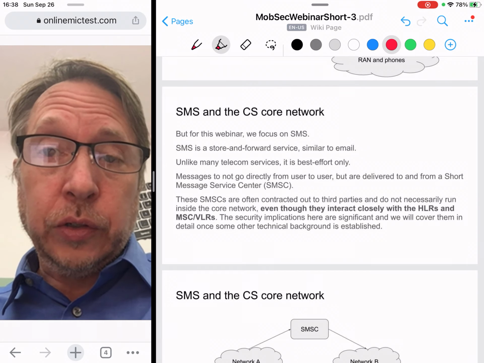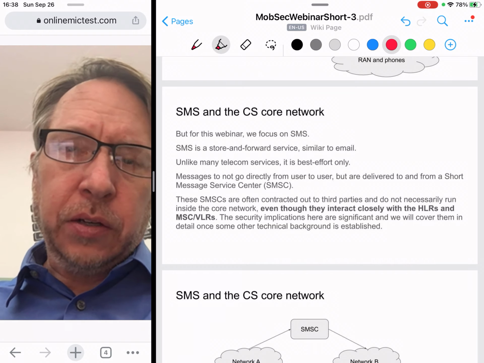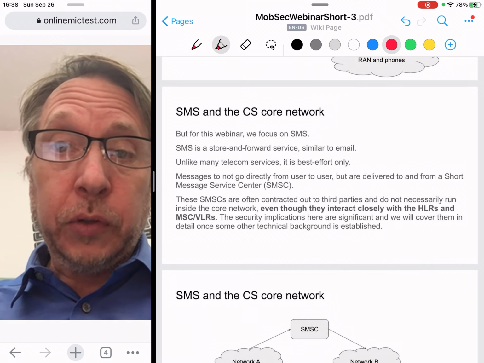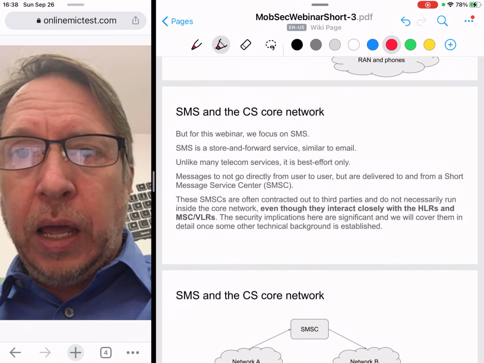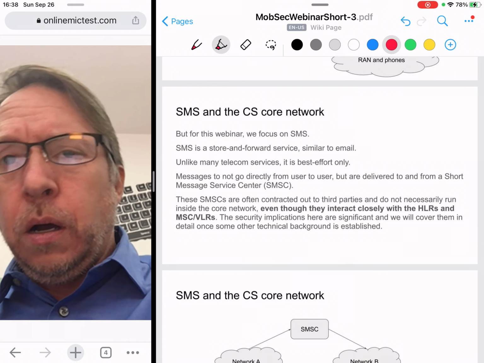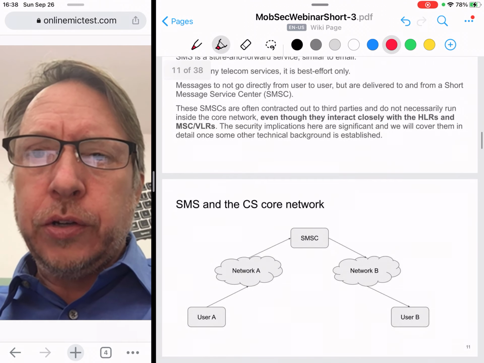They go through something called a short message service center, which is kind of like an email server. Physically it's implemented as a database server, usually Oracle, often running old Sun equipment, because Sun dominated that market for a while, and there's an attitude in the telecom industry: if it ain't broke, don't fix it. So a lot of those old Sun SMSCs are still in operation.